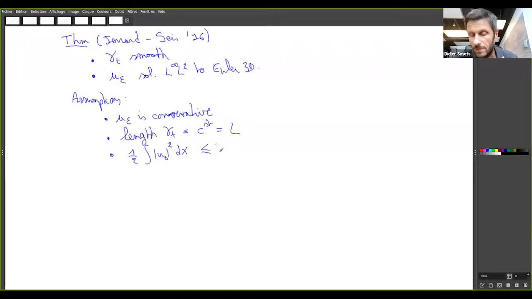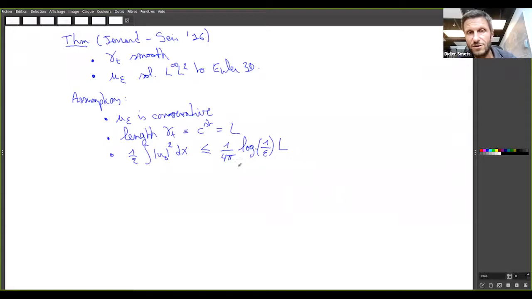Okay. And from our heuristic computation, we know that this energy, this is the one I mentioned just before without writing anything, where there was a log appearing. This energy should be like log of the thickness of the vortex tube times the length, of course. And we are going to assume, well, this is only an order 1 computation because it depends on the actual shape of the curve.